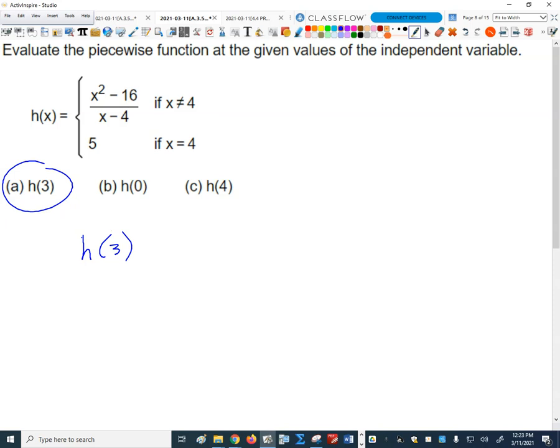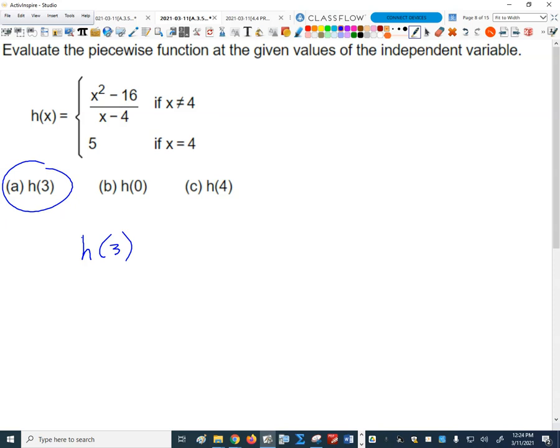Okay, now let's think about this one. What's the domain of the top piece? So all of the x values that are not equal to 4 get plugged into the top, right? If x is actually equal to 4, then we plug it into the bottom. So what do you think?